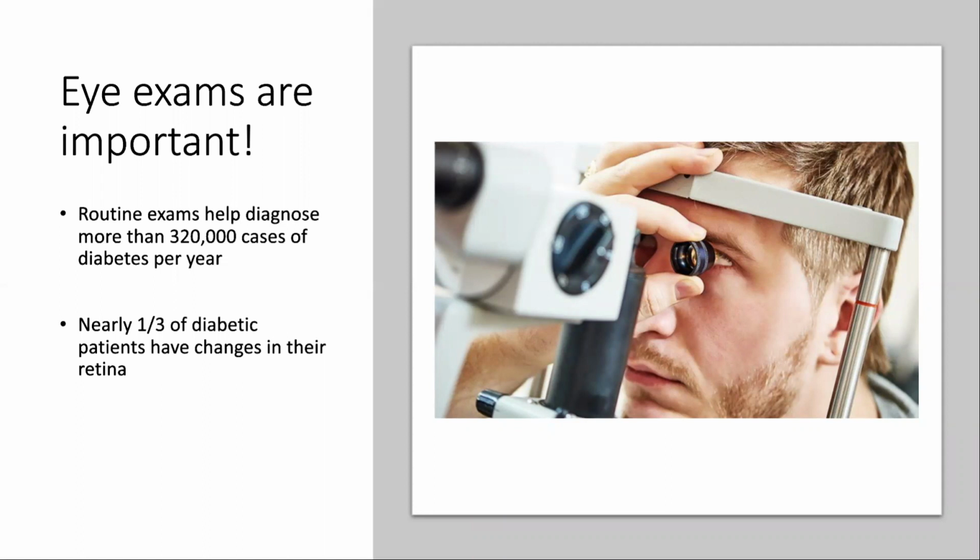It's not uncommon when we're doing a routine eye exam on someone who doesn't know that they're at risk for diabetes or that they have diabetes, that we see signs in the back of their eye that indicate possible issues that could be diabetes. And in the United States, there are approximately 320,000 cases of diabetes per year that are found on routine eye exams.